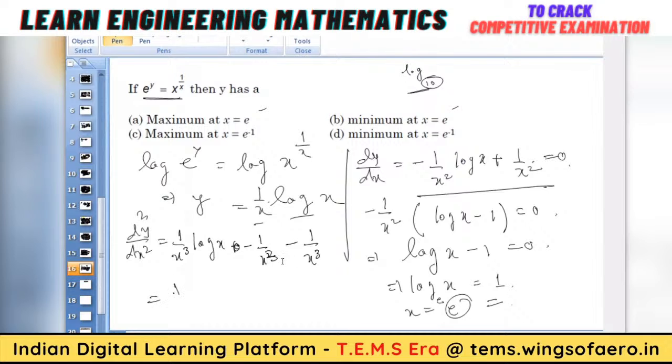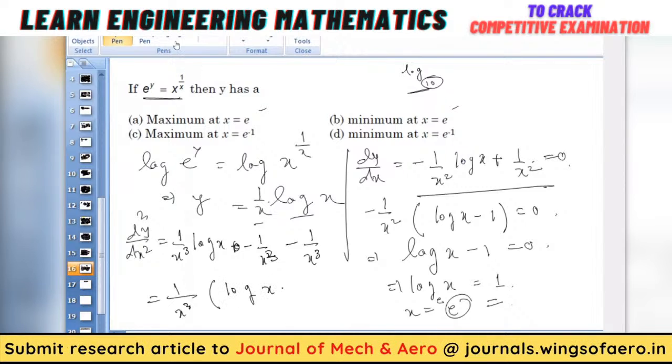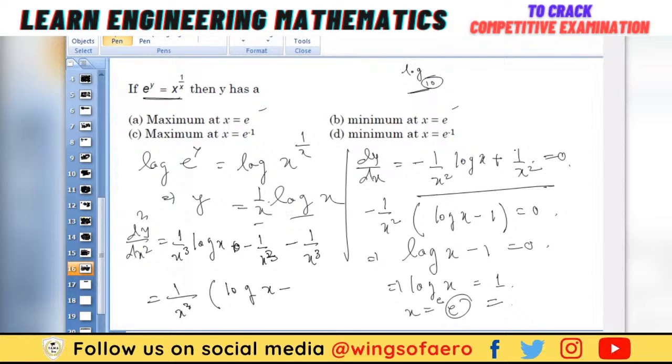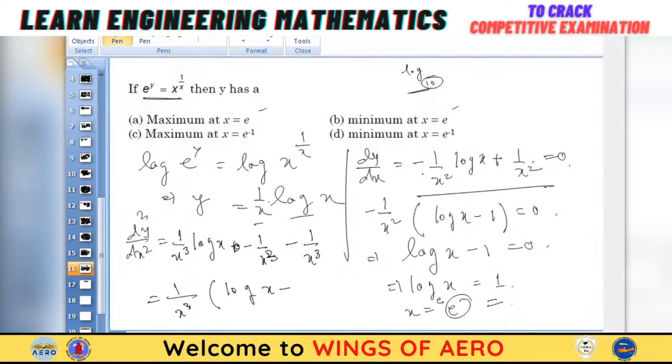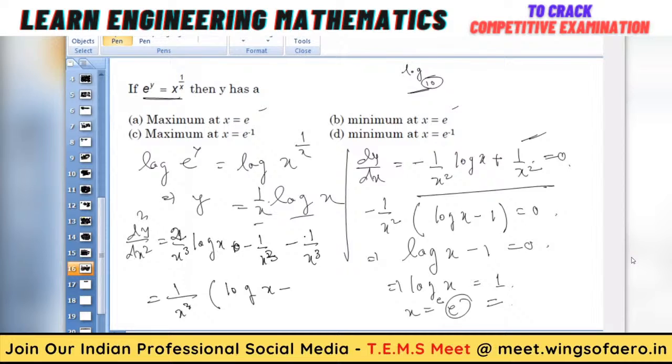This is 1 by x cube log x minus 2. Sorry, I think I did something wrong. This part is okay, but here it is 2.